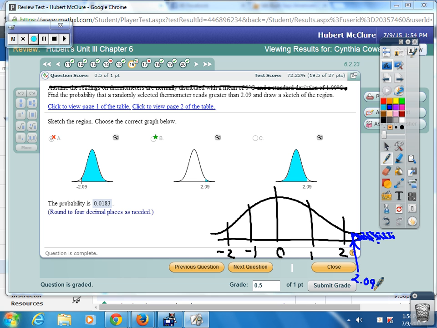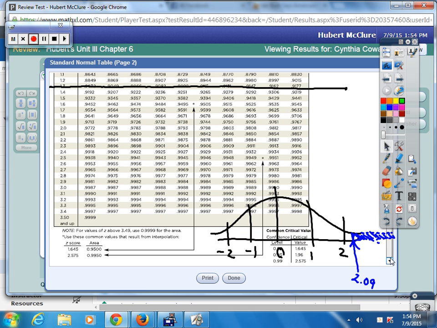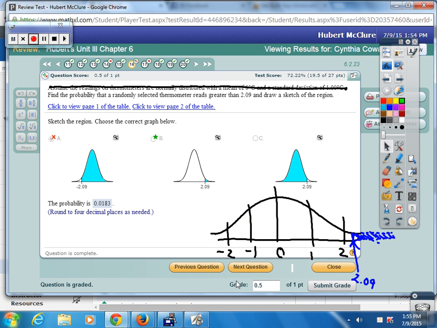So if you're doing it by the table, you go to your handy dandy positive table and find 2.09. 2.0, then 1, 2, 3, 4, 5, 6, 7, 8, 9. 0.9817. Everybody with me? And that's 0.9817 right here.